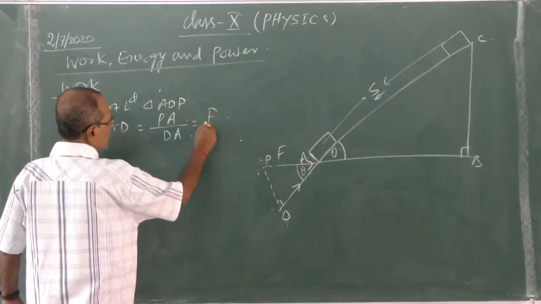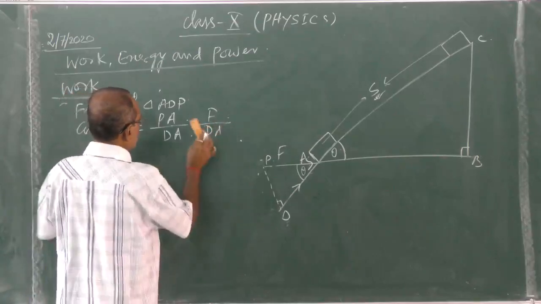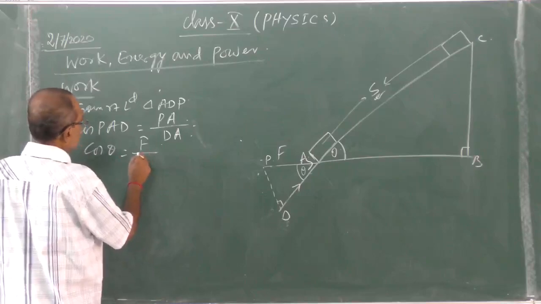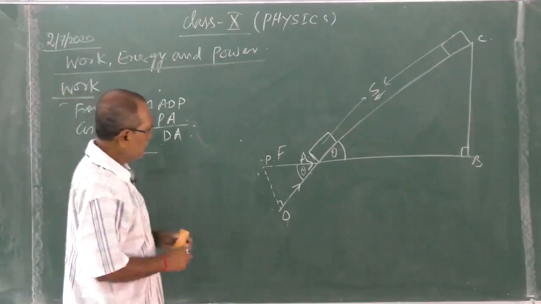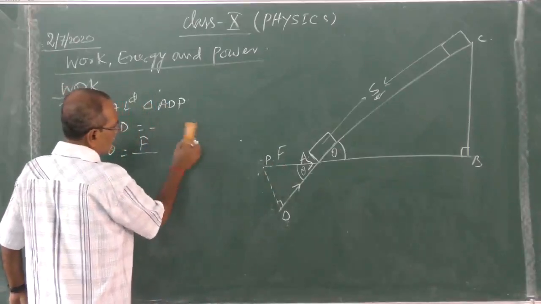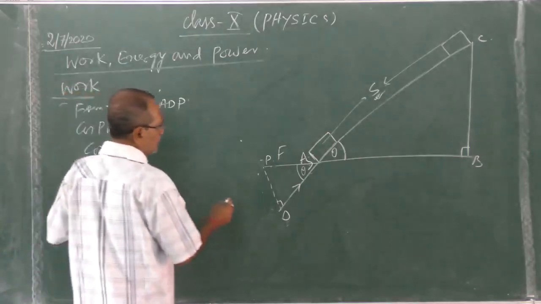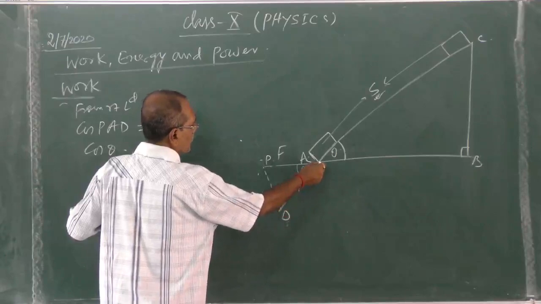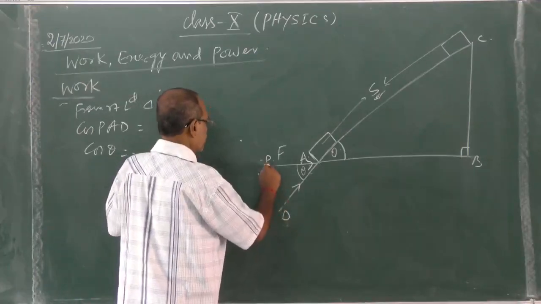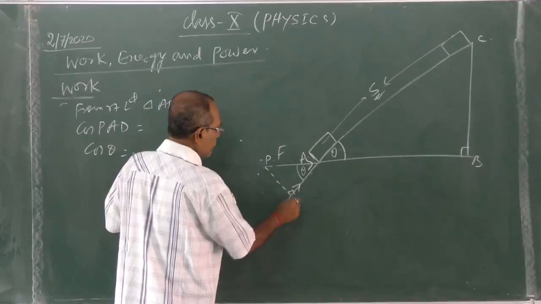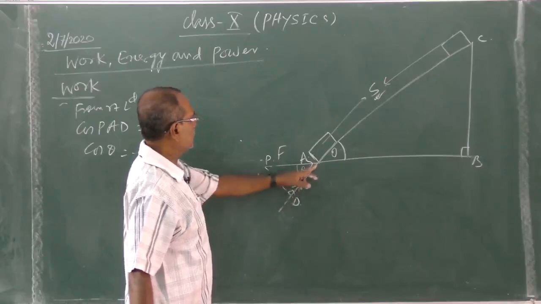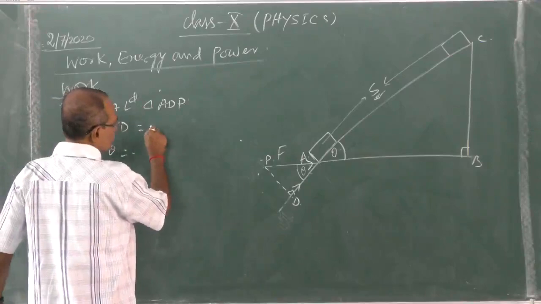PA is the direction of force, so cos theta is equal to DA by F. This is the hypotenuse PA, this one is the base, because the triangle was not properly drawn that time.